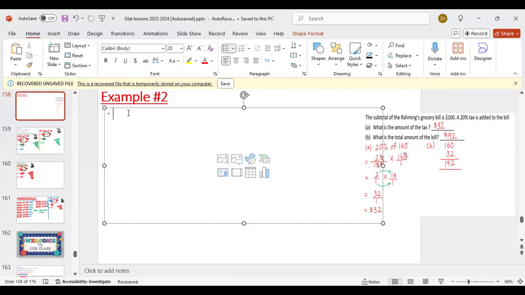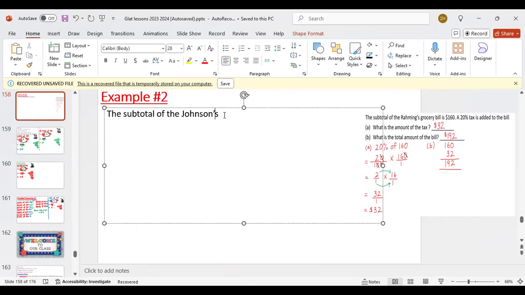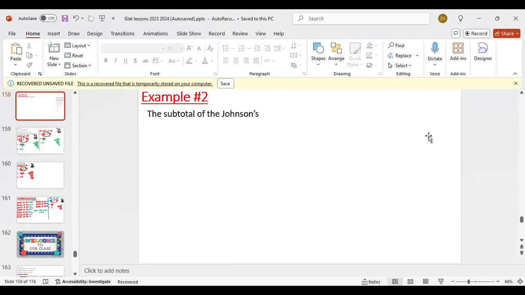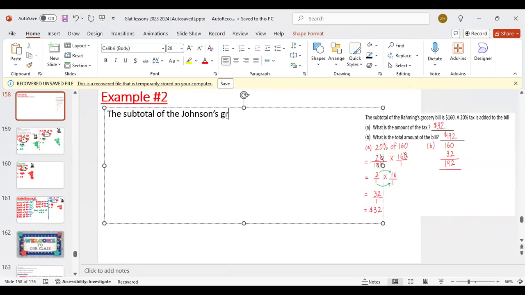All right, this one says that the subtotal of the Johnsons grocery bill is $120. You know what? Let's do $200.